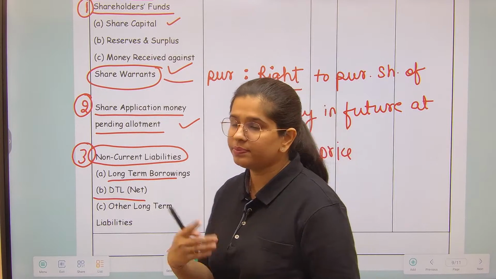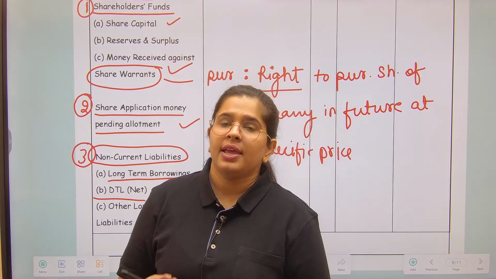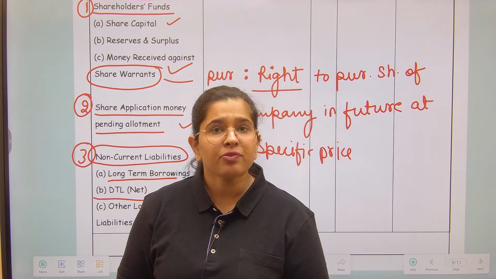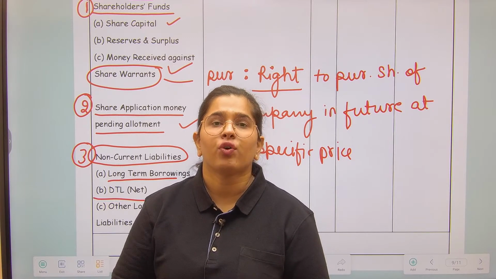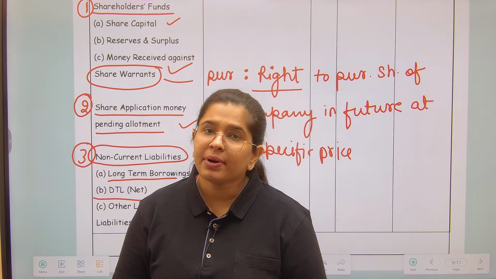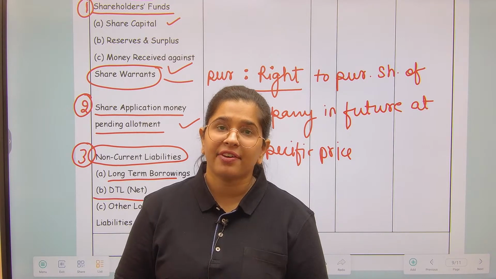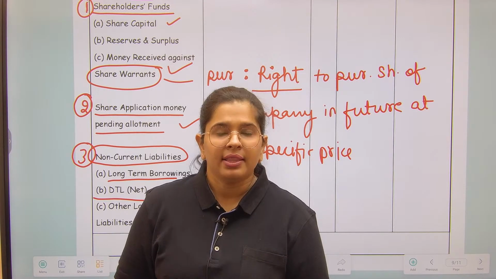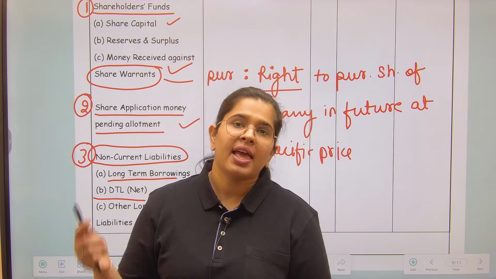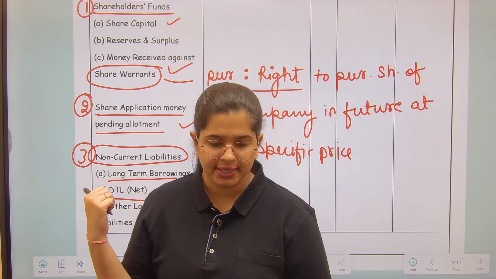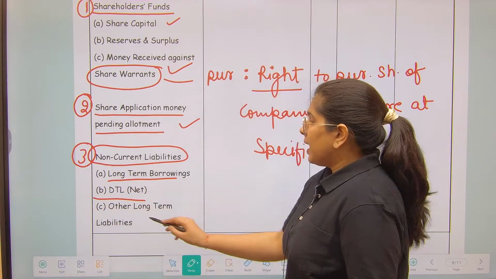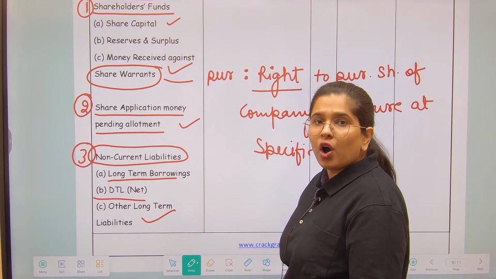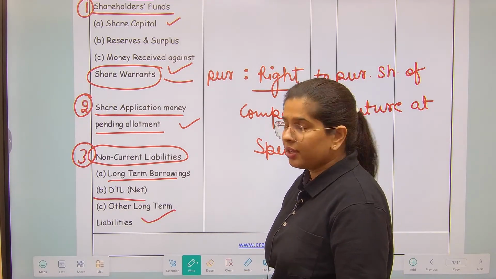And suppose the opposite, if you have paid more than what was required, then in that particular case, that will be called deferred tax asset. That means you have paid in advance, and that will be shown on the asset side. Lastly, any other kind of long-term liability which you might be having.